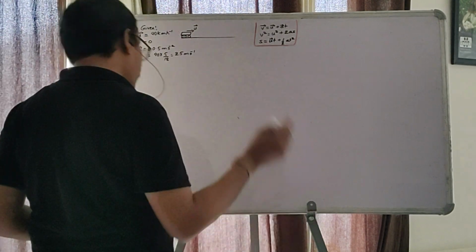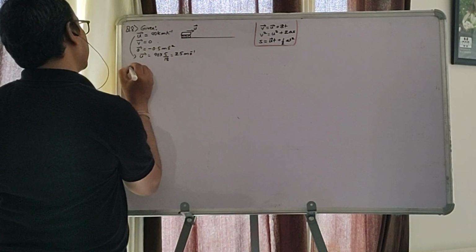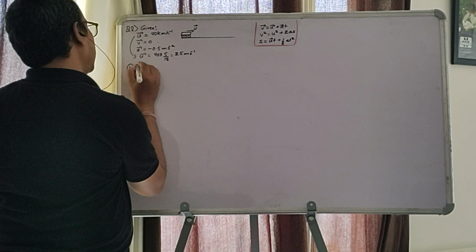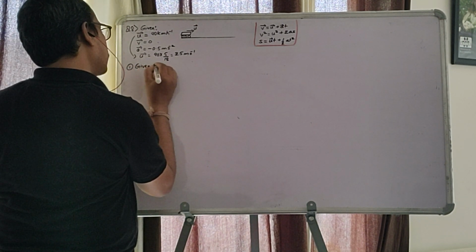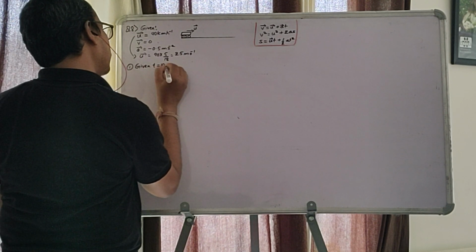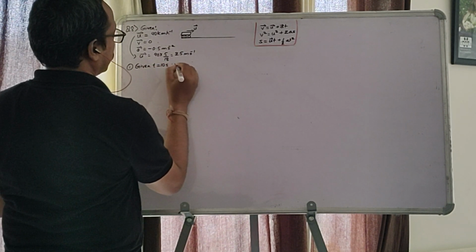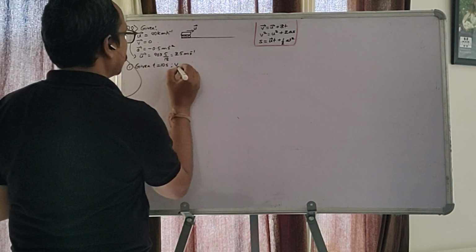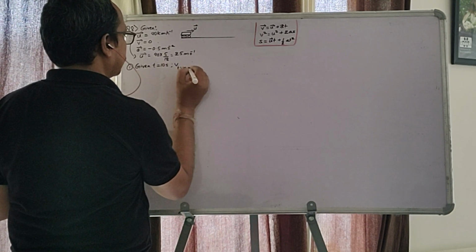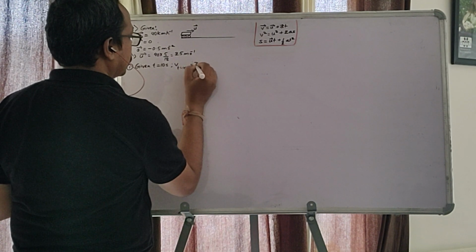Find the velocity after 10 seconds. So given is, as part of A, what is the time? 10 seconds. What is velocity? It is asking velocity after 10 seconds. What is the velocity after t equal to 10 seconds?